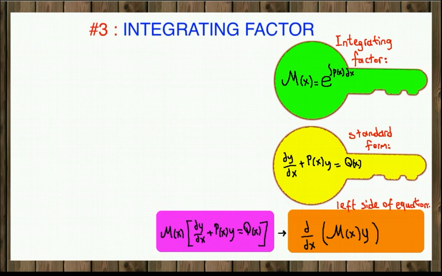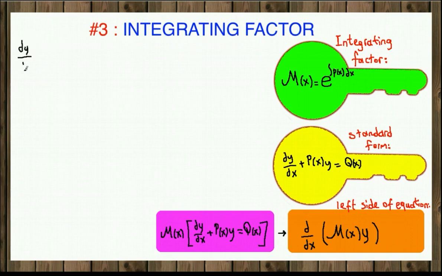The third technique we use to solve linear ordinary differential equations is the integrating factor. In this method, our function is neither separable nor homogeneous, but in the form of dy over dx plus p of x times y equals some function. Let's see a real example.